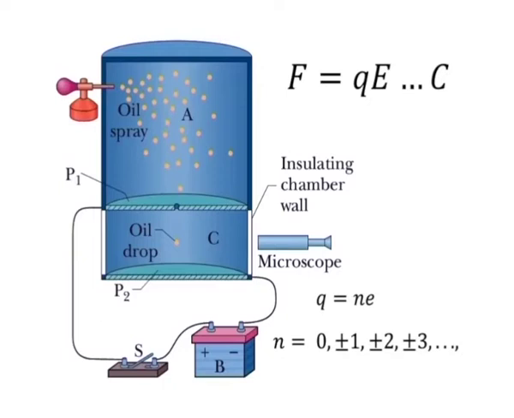Millikan's experiment is convincing proof that charge is quantized, and he earned a 1923 Nobel Prize in Physics in part for this work. Modern measurements of the elementary charge rely on a variety of interlocking experiments, all more precise than the pioneering experiment of Millikan.